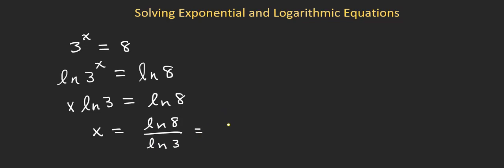Now we need a calculator to go further. This will be approximately 1.893. Now again, you could solve this graphically. What you need to do is graph 3 to the x and 8 and find the x value of the intersection point.